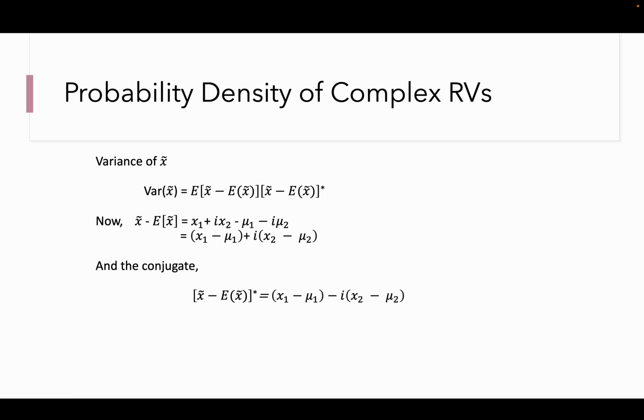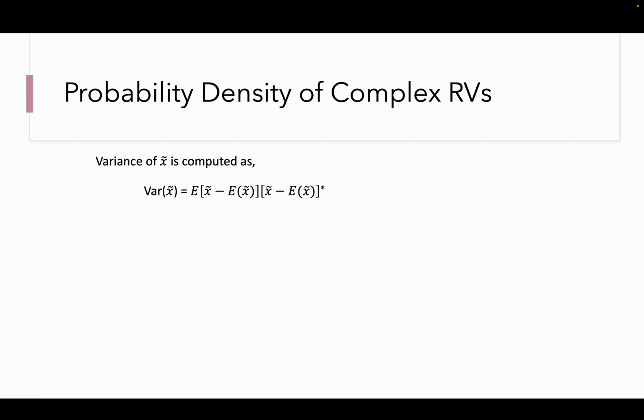If a plus ib is a complex number, then its corresponding conjugate will be a minus ib. This comes from the theory of complex numbers. I hope you are well aware of complex numbers.